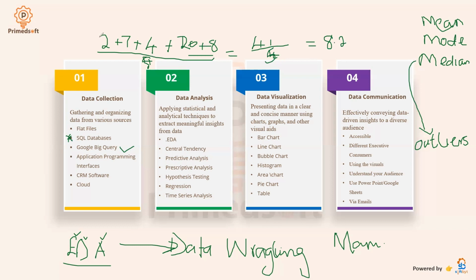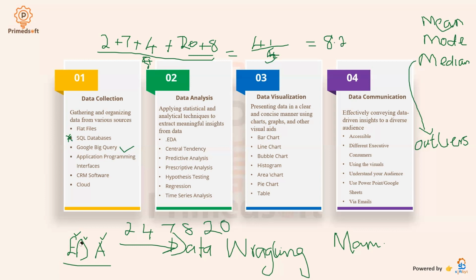Let us arrange it in ascending order so we can get the median. I'll arrange it this way: 2, 4, 7, 8, 20.